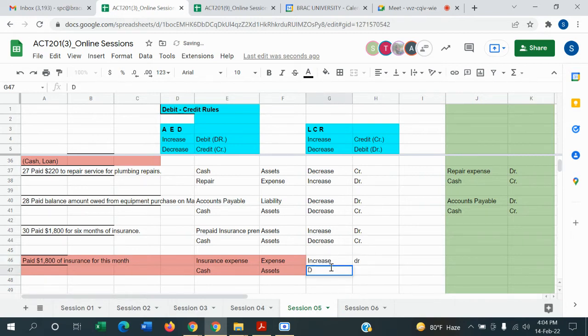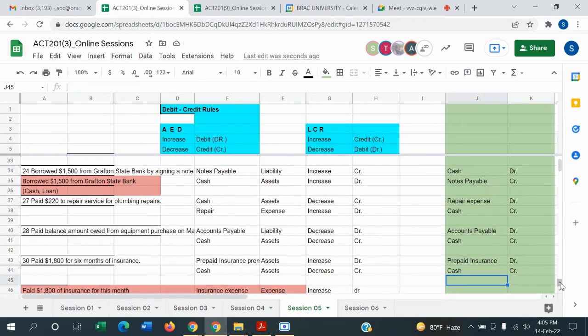If cash decreases, it should be credit. Prepaid insurance debit, cash credit. That's how we have to do the journals.